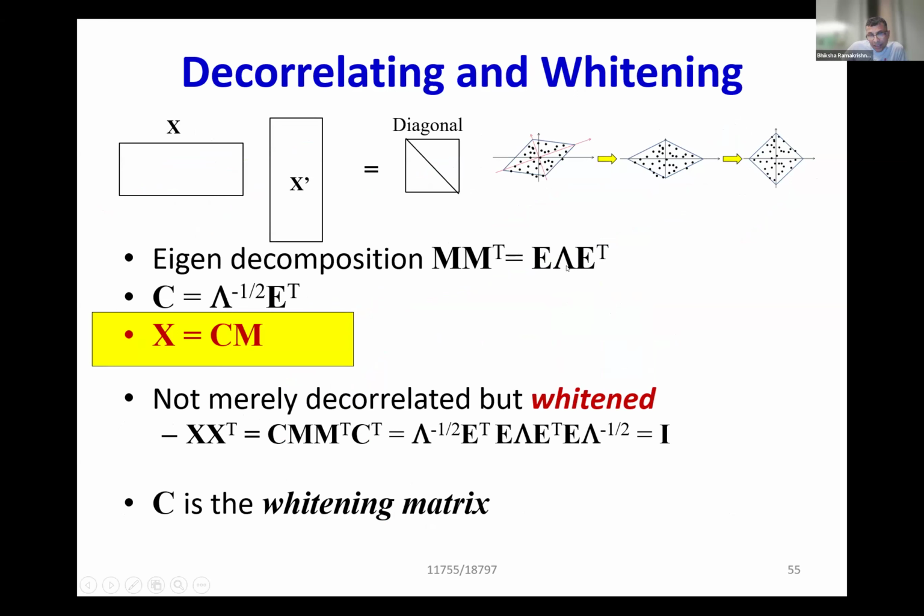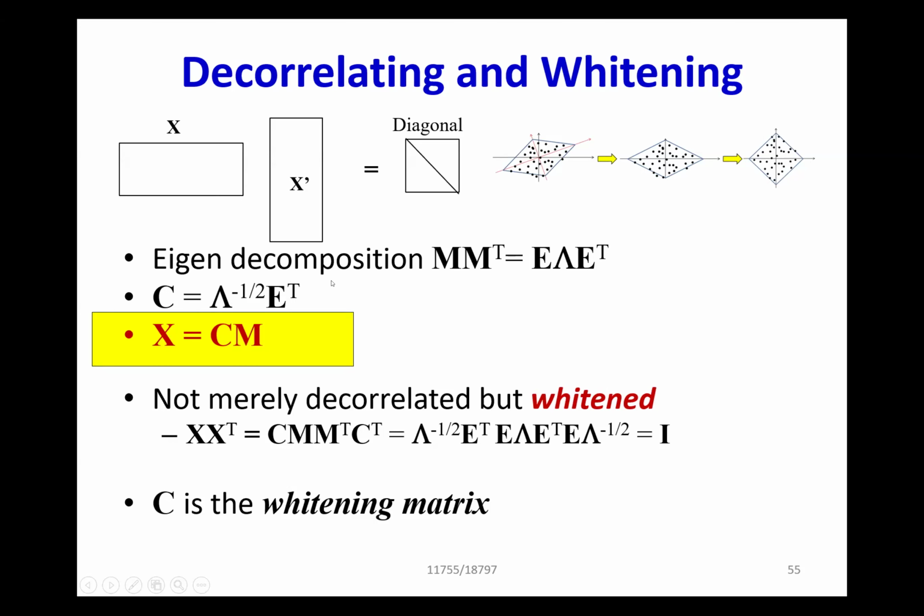The diagonal elements of lambda give me the scatter along each of the components. So if I scale each component by the inverse square root of the variances, then that's going to normalize the variance along each direction. The variance in each direction now ends up being 1. And so the matrix that converts this scatter to this guy is going to be lambda raised to minus half times E transpose. Did this make sense?